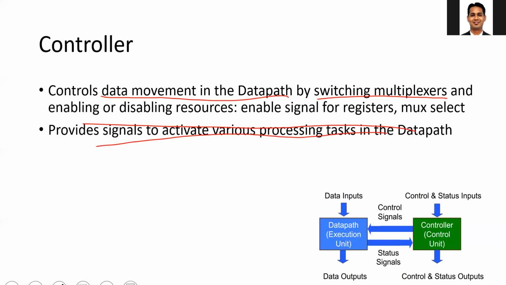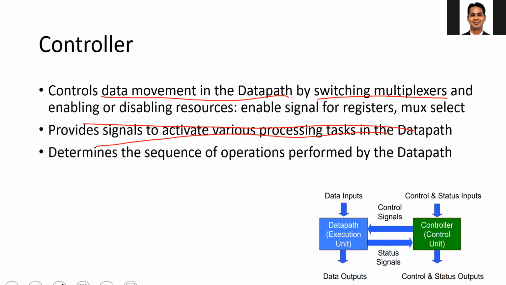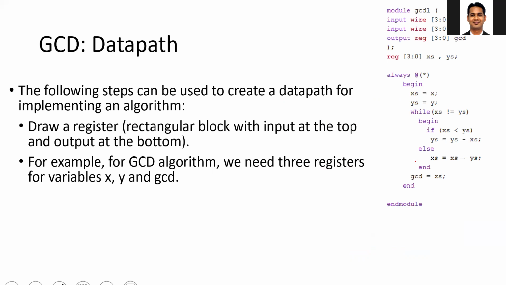It provides the signals to activate the various processing tasks in the data path. It determines the sequence of operations to be performed, like at what time you need to first compare X and Y and then do the subtraction, or first do the subtraction and then the compare. All those sequences will be determined by the controller.